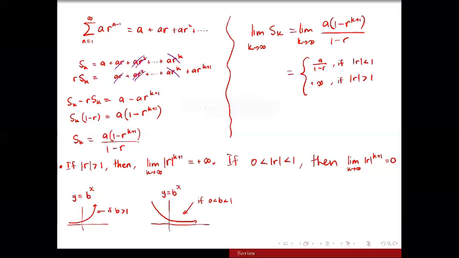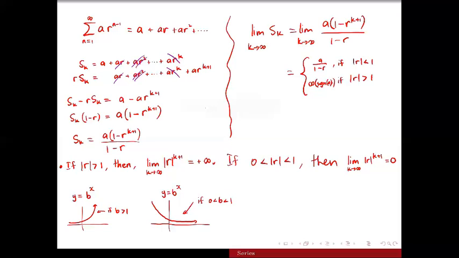Okay, and then actually that's not plus infinity here. It's infinity times the sign of a.